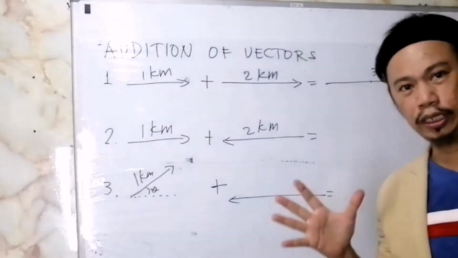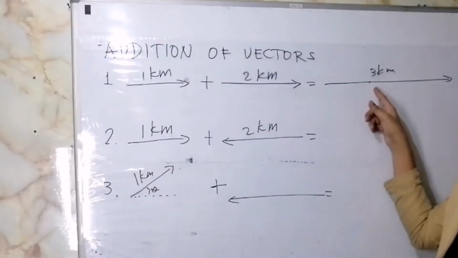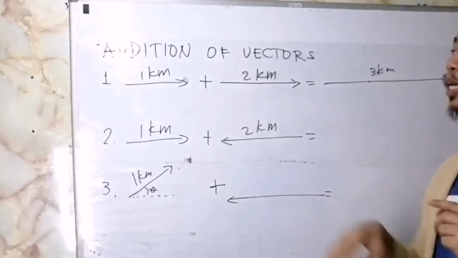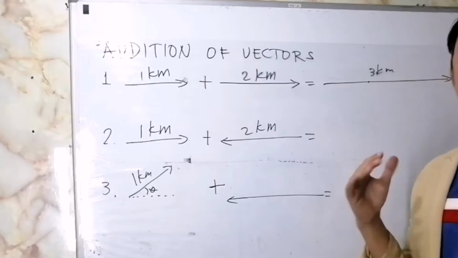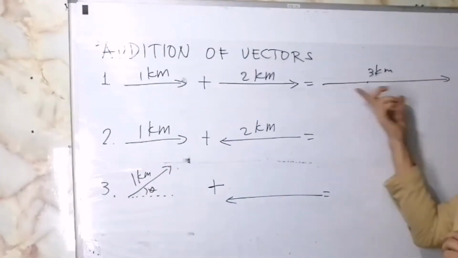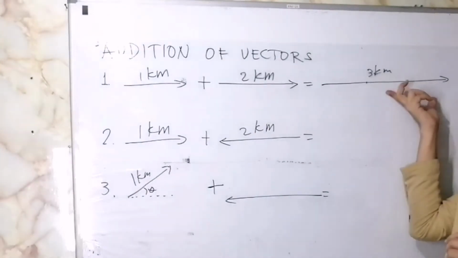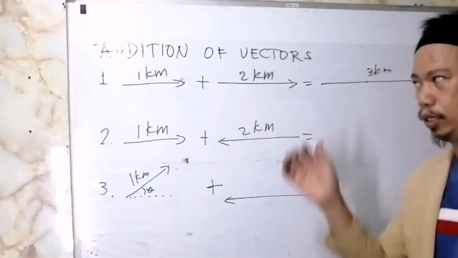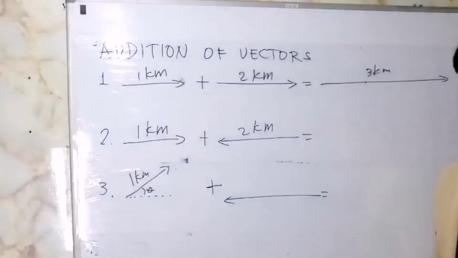If you're going to notice, guys, I put that here so that we can identify where is the 1 kilometer and 2 kilometer. This is the 1 kilometer east. This is the 2 kilometer east. That's why if we add 1 kilometer and 2 kilometer east, we have 3 kilometer east.